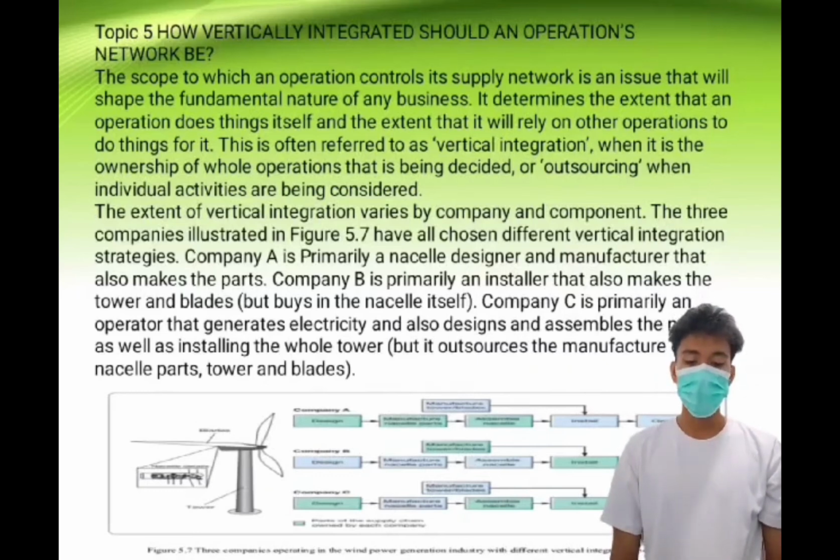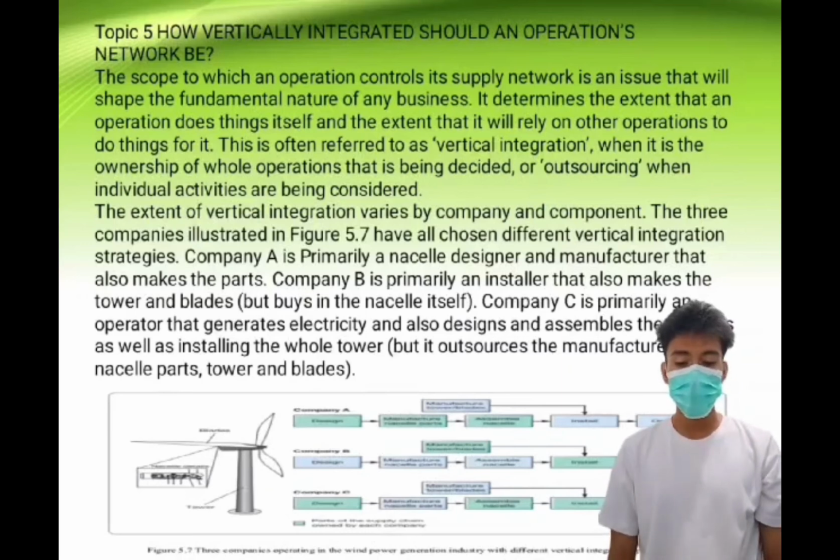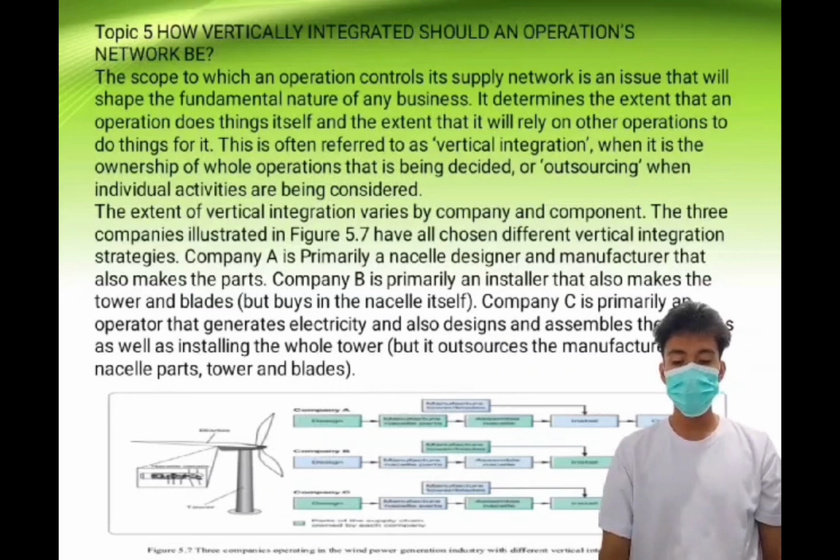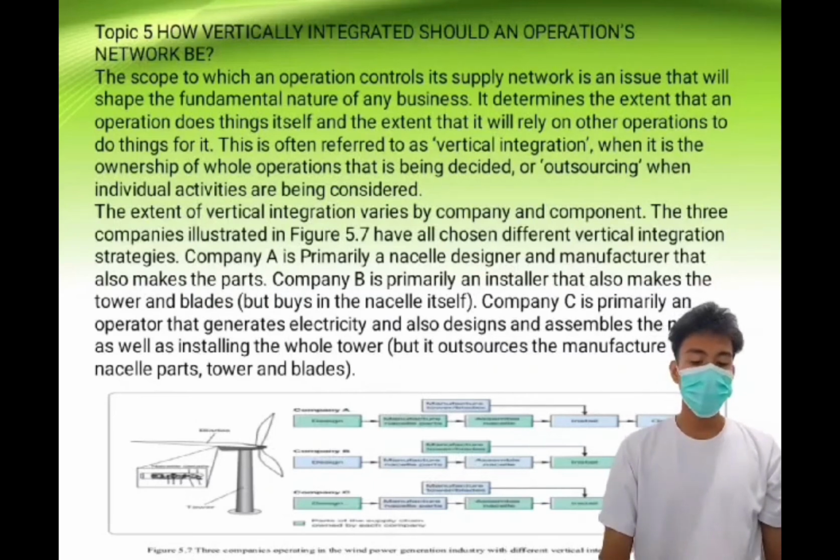Company B is primarily an installer that also makes the tower and blades, but buys in the nacelle itself. Company C is primarily an operator that generates electricity and also designs and assembles the nacelle as well as installing the whole tower, but it outsources the manufacture of the parts, tower, and blades.